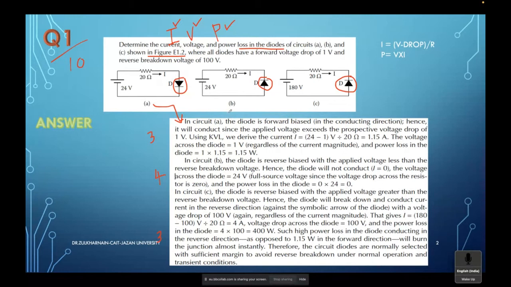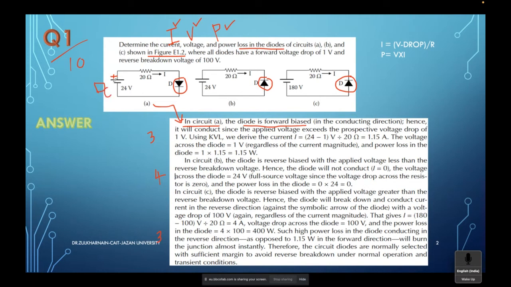In order to apply this circuit to find the current, voltage and power, we have to understand. In the first case, as you can see, I have said that the diode is forward biased. How do you know this is forward bias? Because this is plus, the symbol for a battery or DC power supply.